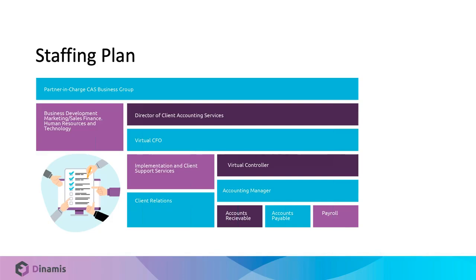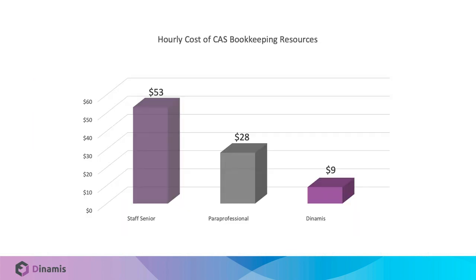One of the ways that you can realize additional savings on margin is to use some external resources to handle some of the less expensive work. This slide demonstrates that you can do bookkeeping at the $9 an hour figure if you're offshore with that bookkeeping work.